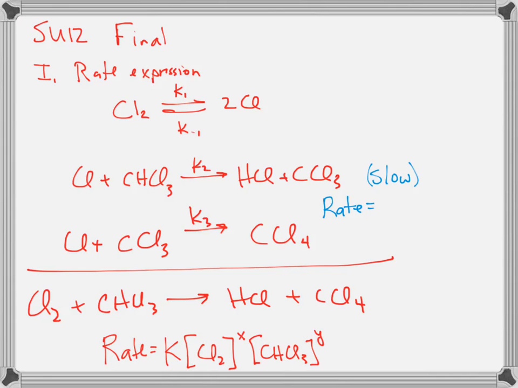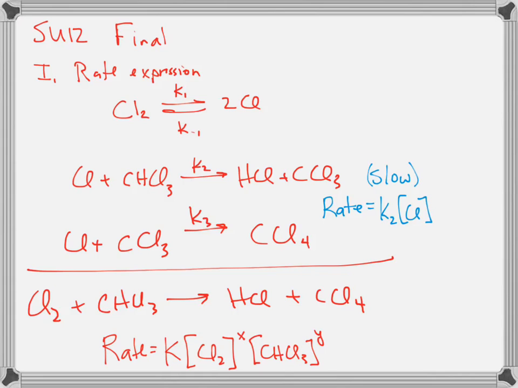Rate equals my rate constant for step 2 times concentration of Cl to what power? First. Why is it to the first power? Because the coefficient is 1 in that equation. Why can we use that?